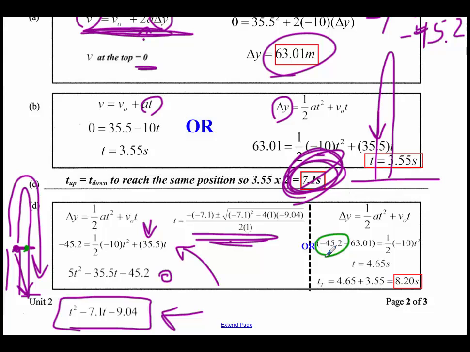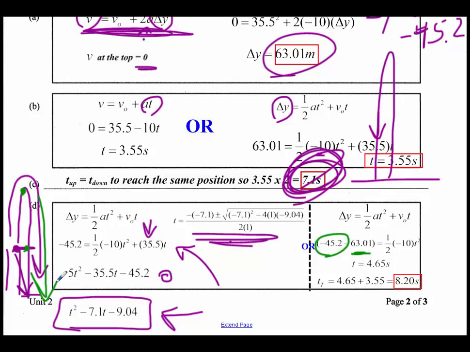But up here at this very top point, we know that it was 63.01 meters. So it was going to fall a total distance of 45.2 plus 63.01.